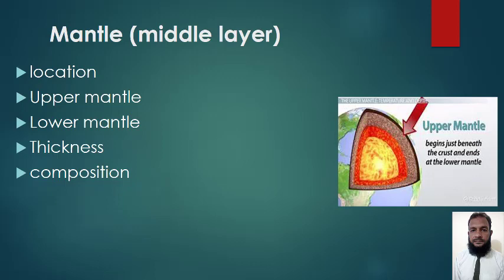Its thickness is 2 to 30 kilometer. So what kind of minerals are found in the mantle? There are also three minerals: iron, silicon and magnesium. And here in upper mantle the minerals are in molten form, but in the lower mantle minerals are in hard and in solid form.